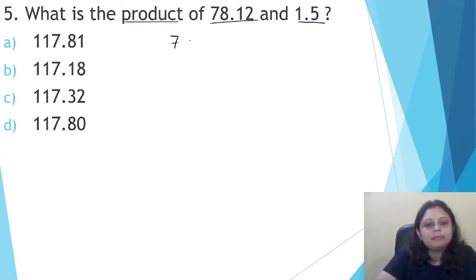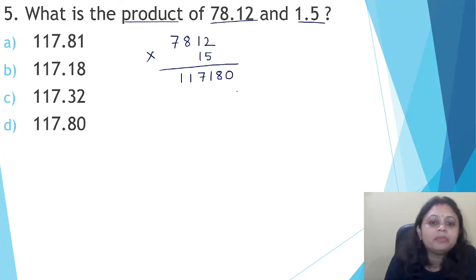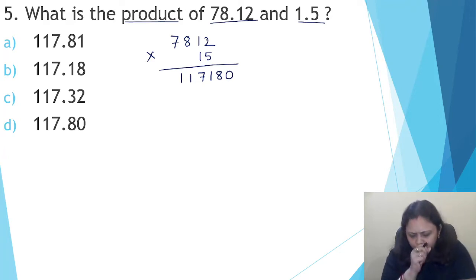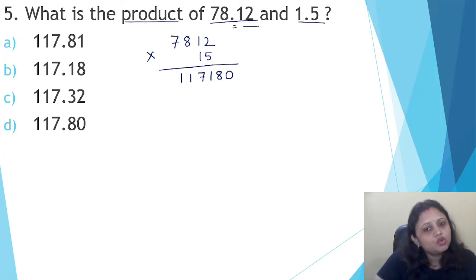First, we will simply multiply 7812 and 15. Okay. Now we are not going to think about the decimal, right? So when we multiply it, the answer will come, that is 117180. Okay. Now it is the multiplication. Now what we can do, here after decimal 2 digits are there, and here after decimal 1 digit is there.